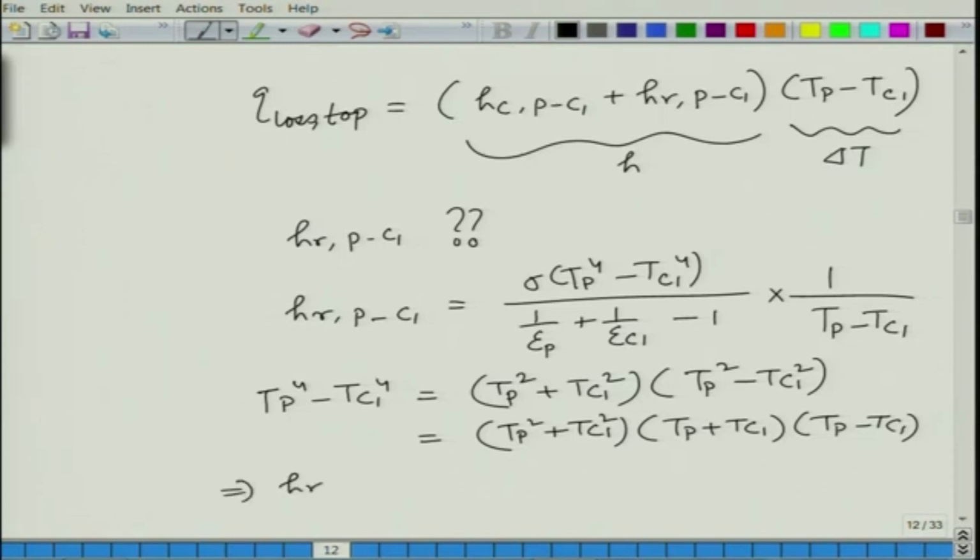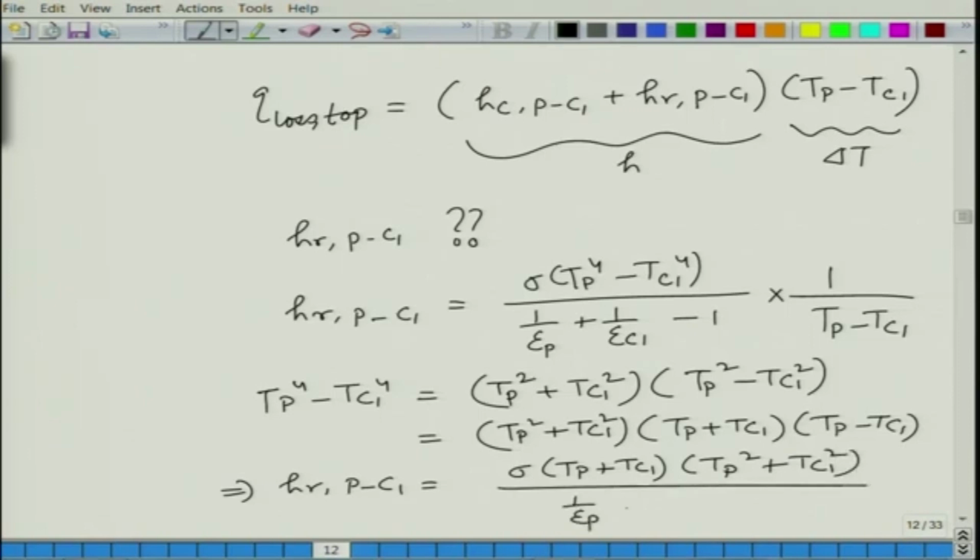So, now for h_r,p-c1 you can input this value and write (T_p plus T_c1) multiplied by (T_p squared plus T_c1 squared), divided by (1 over epsilon_p plus 1 over epsilon_c1 minus 1), right. So, this is a straightforward conversion of radiative heat transfer coefficient to the same form as the convection heat transfer coefficient. Okay.